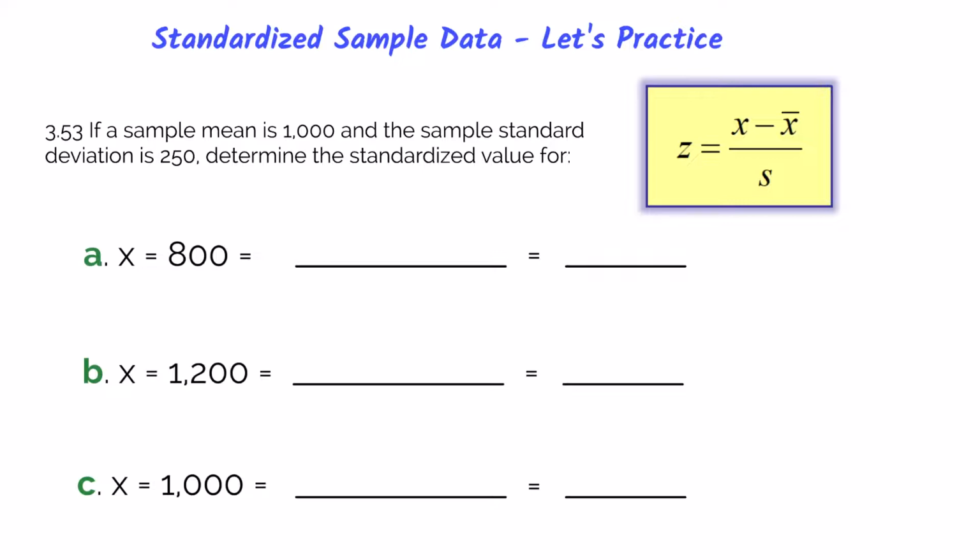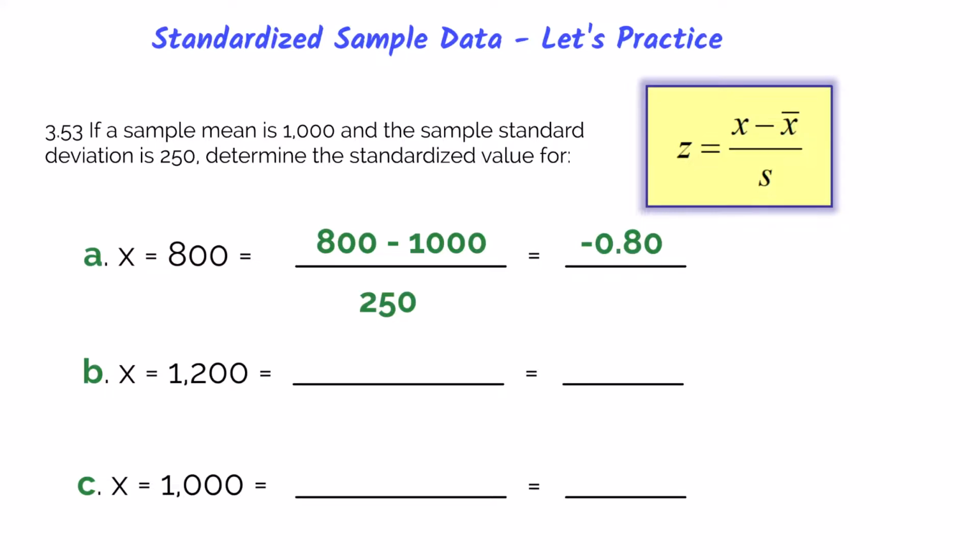In A, the x is 800. So we'll take our x of 800 minus our sample mean of 1,000, then divide by our standard deviation of 250, and we get negative 0.80. In other words, 800 is 0.8 standard deviations below the sample mean.